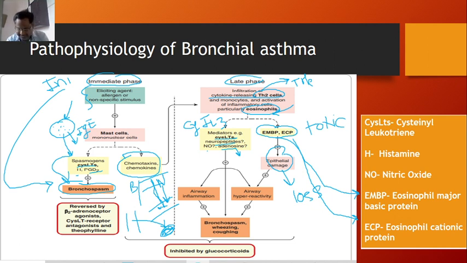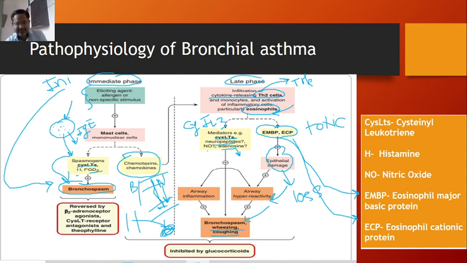This exposes the irritant receptor, the C fiber irritant stimuli, and due to the loss of epithelium, airway hyperactivity and hyperresponsiveness occur, and due to that again it causes bronchospasm. Wheezing means a whistling sound due to the bronchoconstriction, and there is coughing, and an increase in the edema also.